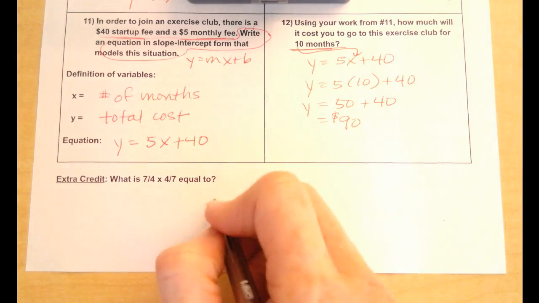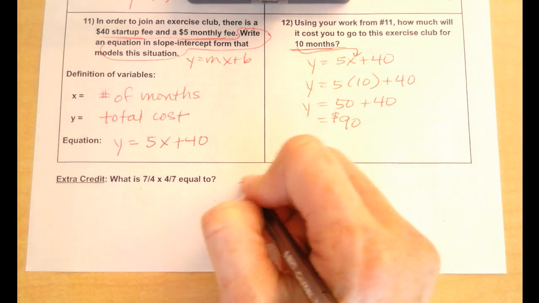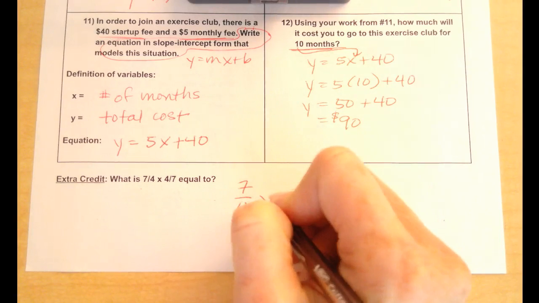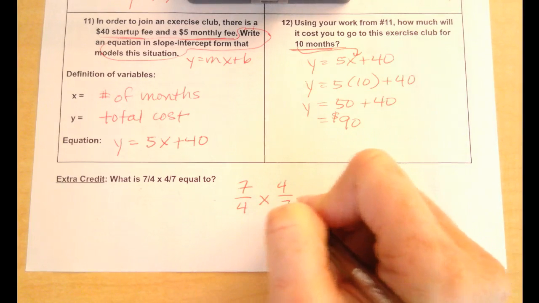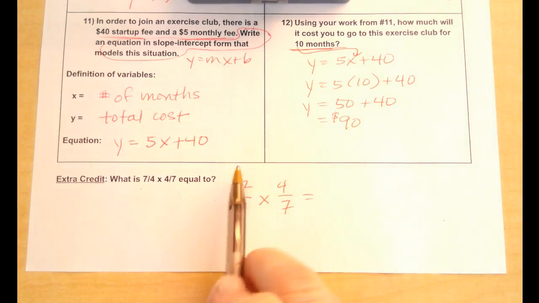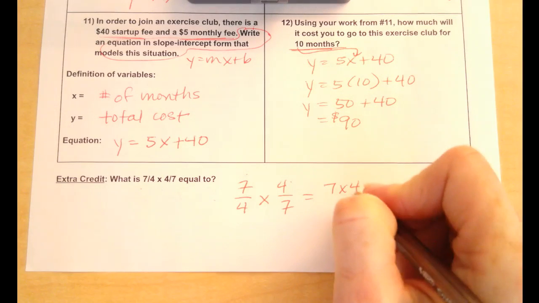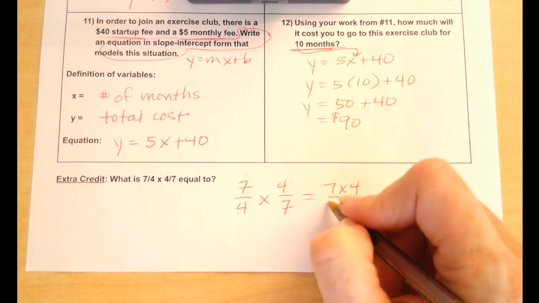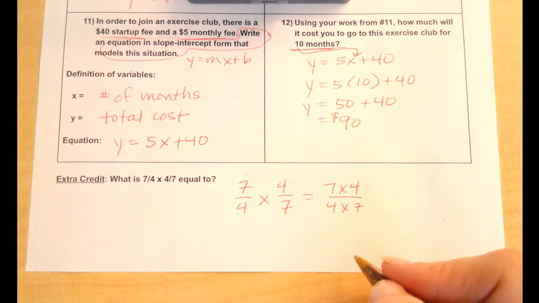And then lastly, for the extra credit, 7/4 times 4/7. Well, I'm going to rewrite that in this version of a fraction form. I know if I'm multiplying, I multiply across the top. I multiply across the bottom. Be careful, this is not cross multiplication.